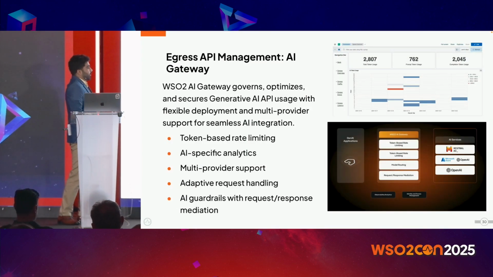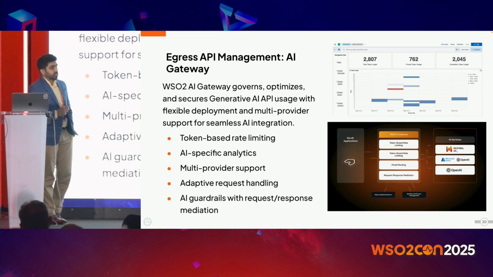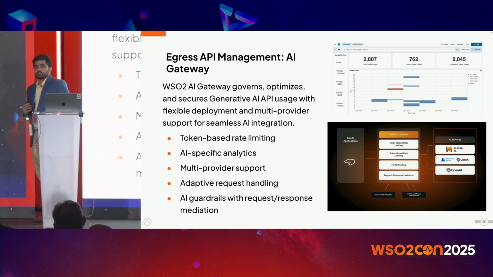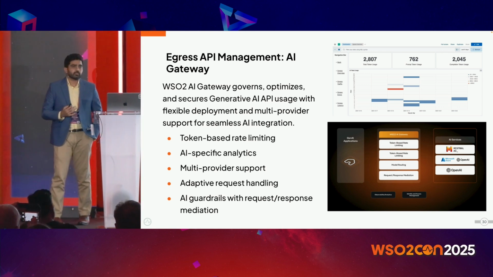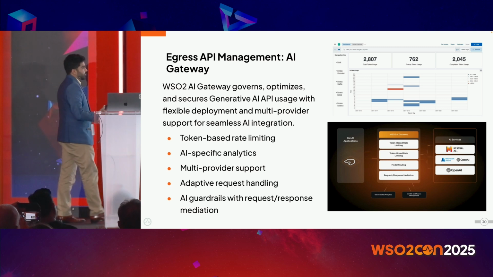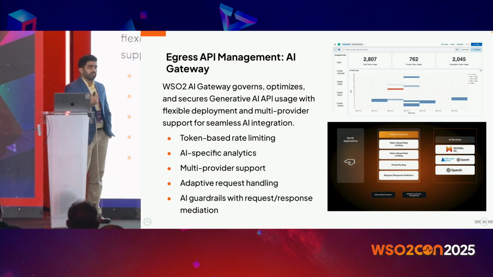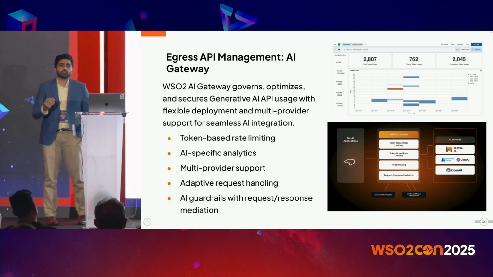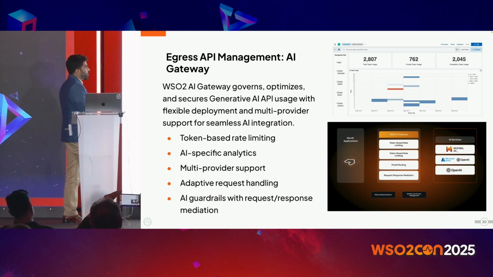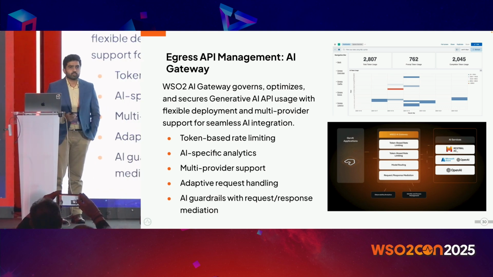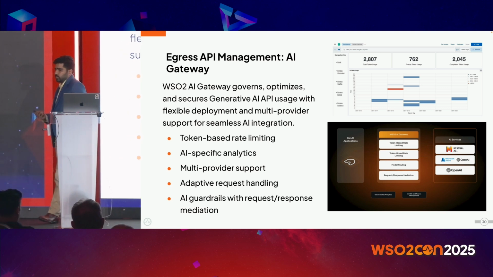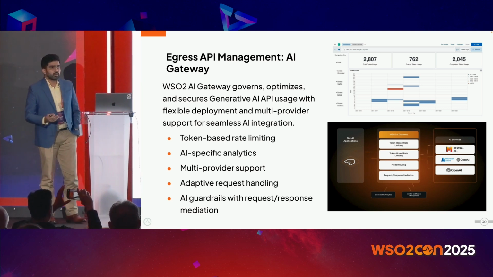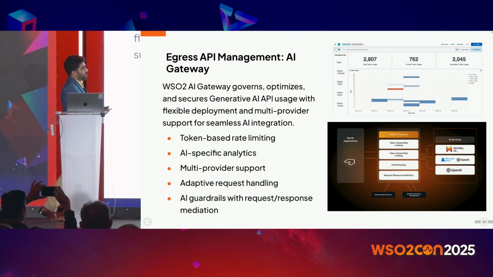As I said earlier, this problem for Egress API management mostly came with the emergence of LLMs. People needed a way to ensure that AI LLM keys used within the organization are properly distributed among teams. For example, let's say there are two different backend teams working in your organization. Each of them should have a quota.